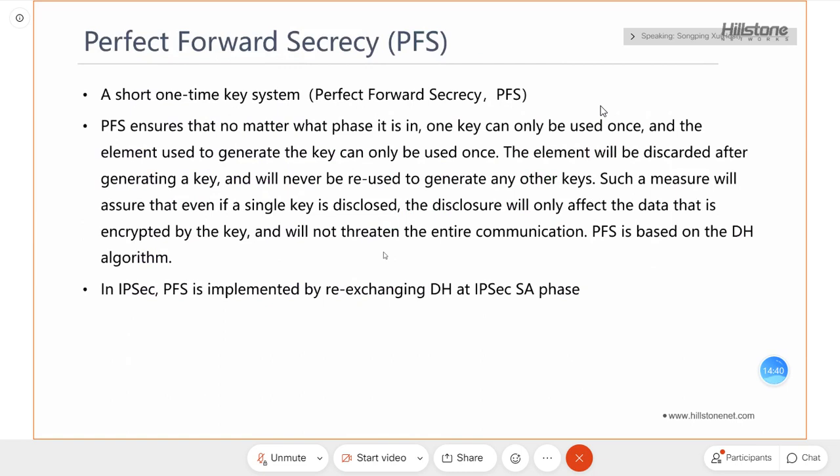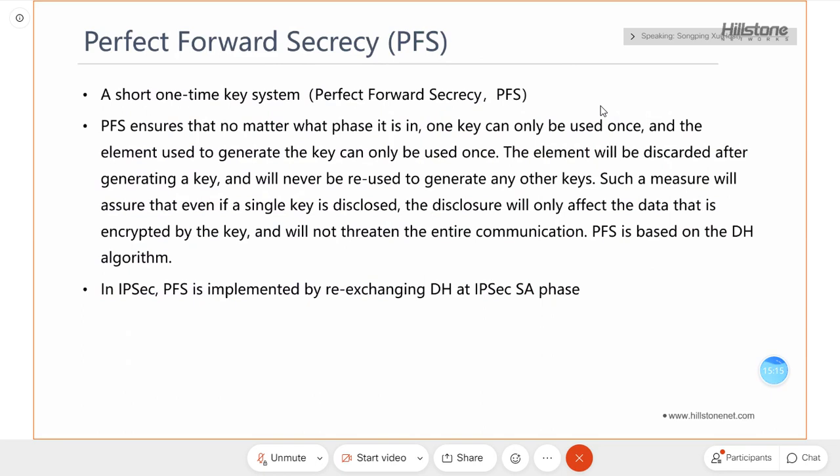For PFS, perfect forward secrecy, which is a short one-time key system, it will ensure that no matter what phase it is in, only one key will be used one time. And the element used to generate this key will only be used once, and it will be discarded after generating a key and never reused for generating another key.